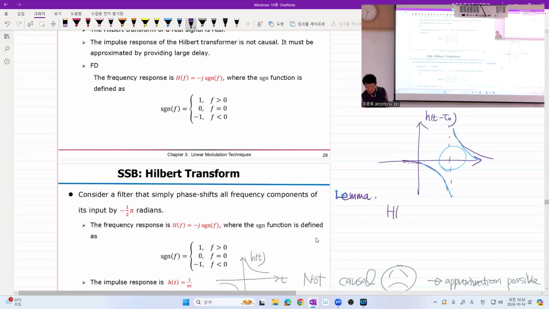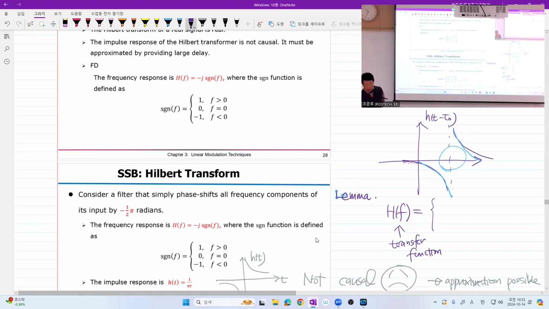Okay, what is the Fourier transform of this Hilbert transformer's impulse response? Which means, what is the transfer function? Of course, sometimes transfer function means Laplace transform, but here transfer function means the Fourier transform of the Hilbert transform.